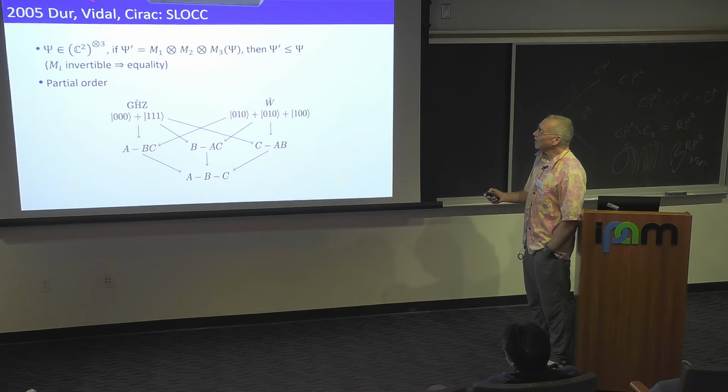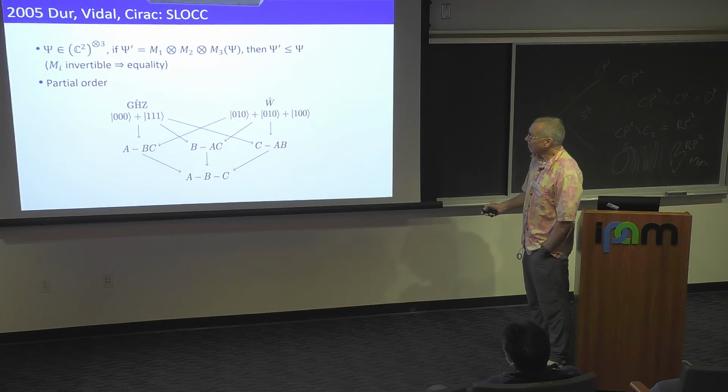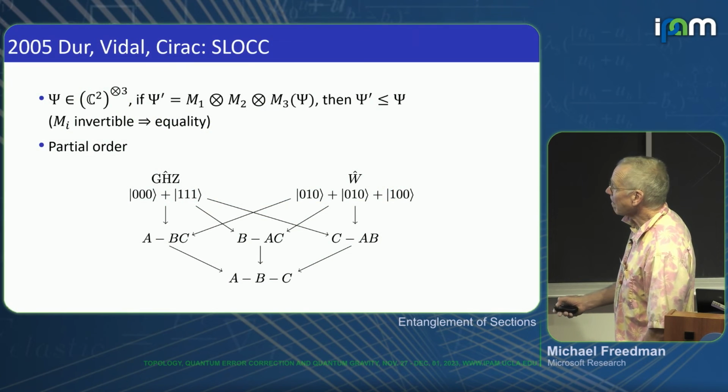So the main thing they do in this paper is work out the answer for the partial order under this relation, in this case for C2 cubed. And you get 6 equivalence classes with the smaller ones at the bottom and the larger ones at the top, and the arrows are the partial order. So this A-B-C just means it's rank 1.